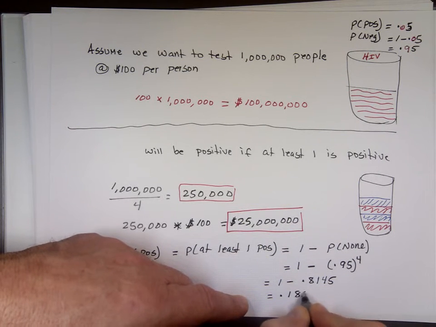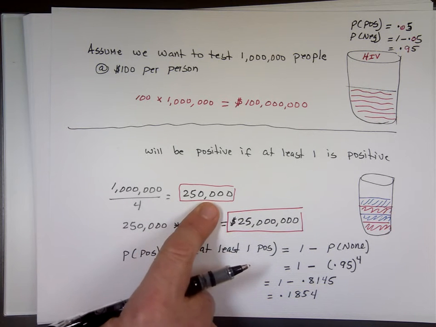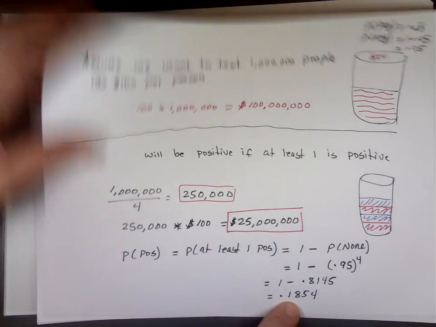Okay. Everyone get that number? 0.18. So it's an 18% chance. Well, we have 250,000 tubes. They have an 18% chance of being positive. So how many will come back positive?